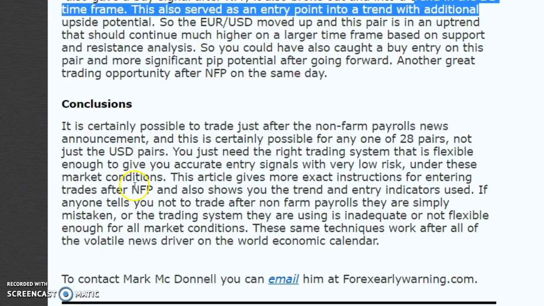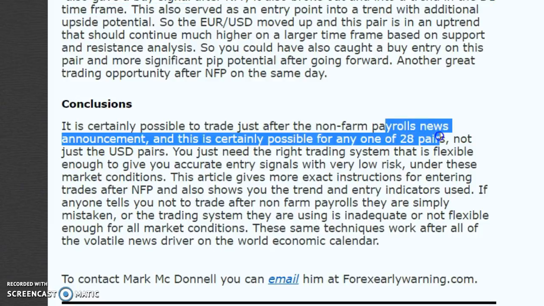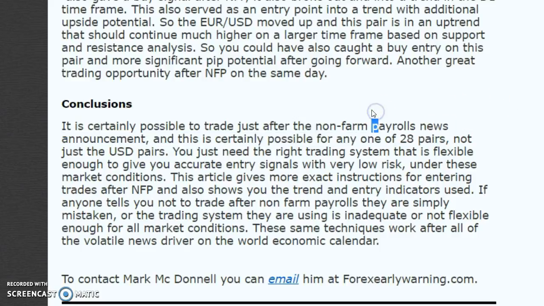So your conclusion is this: it's possible to trade after non-farm payroll news, not just the USD pairs, but any one of 28 pairs. And this technique that we're showing you for trading non-farm payrolls, you can use after any news driver on any of the 8 currencies we track. You can use this same method after New Zealand dollar news, Japanese yen news, anything that hits the market.